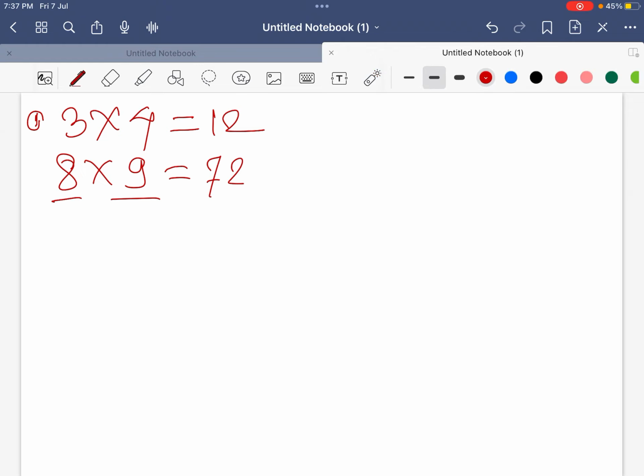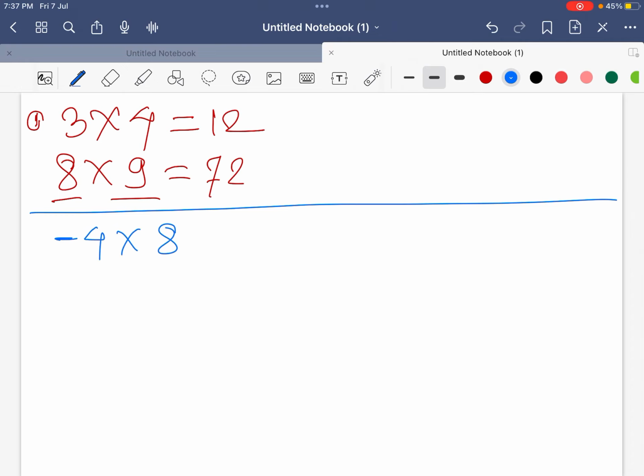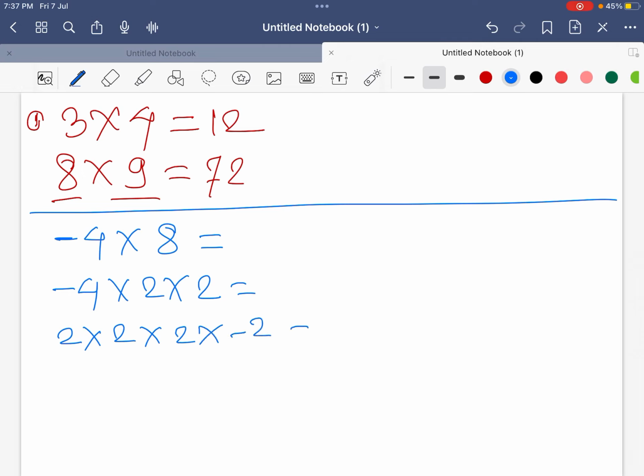Let's move to the second example. In that case, just consider one number is positive and another number is negative. Let's take the example -4 multiplied by 8. So always keep in mind, suppose this is the first example, -4 into 8, and this is the second example, 2 multiplied by 2 multiplied by 2 multiplied by -2.